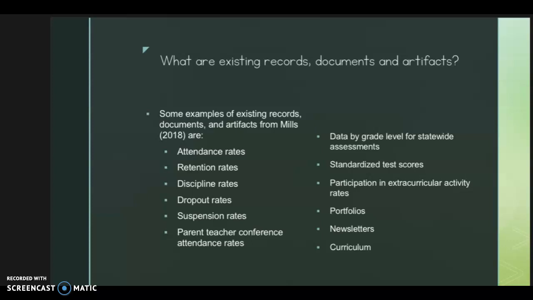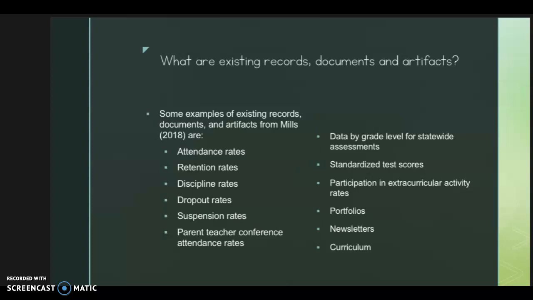Some of the examples from Mills are attendance rates, retention rates, discipline rates, that could be discipline referrals, dropout rates, suspension rates, parent-teacher conference attendance rates. I know our school collects information on when all of us have conferences and who attends. So that's already on file.